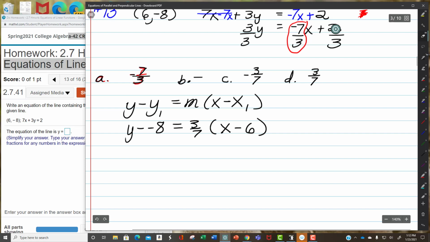Multiply both sides by 7. No, don't you do it yet. Y plus 8 equals 3/7 times x minus 6. Now do it. Times 7/1, times 7.